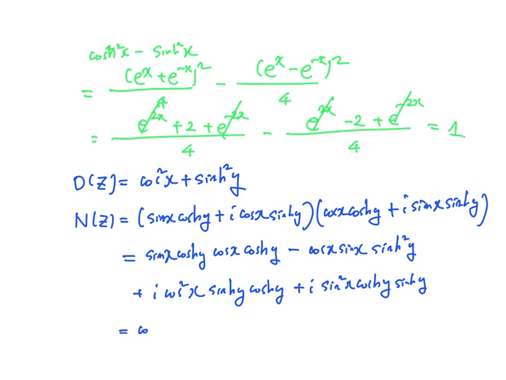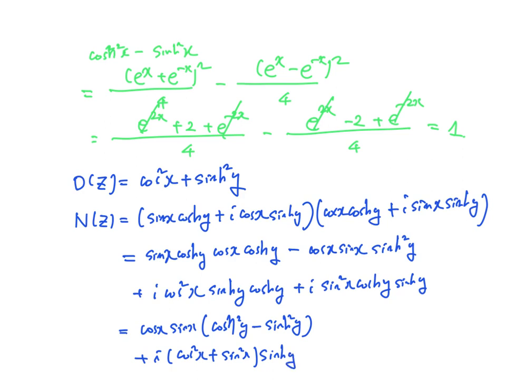So this is cosine x sine x, cosine hyperbolic square y minus sine hyperbolic square y, plus I cosine square x plus sine square x, sine hyperbolic y cosine hyperbolic square y.